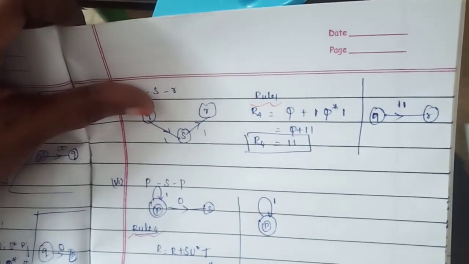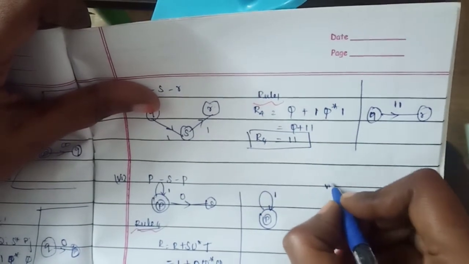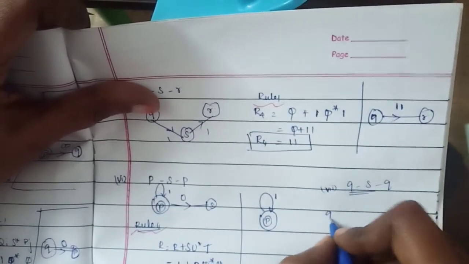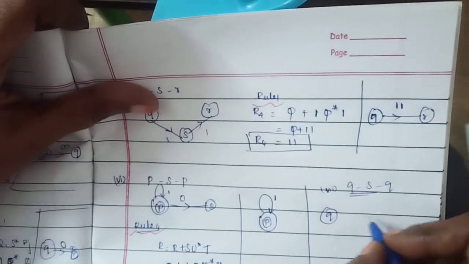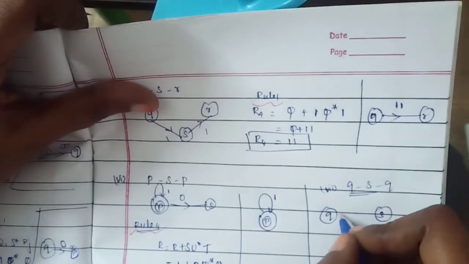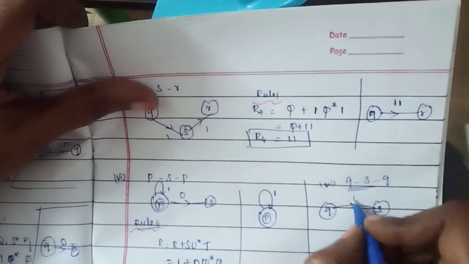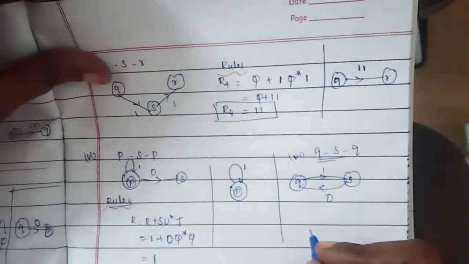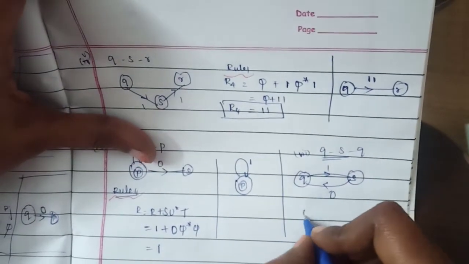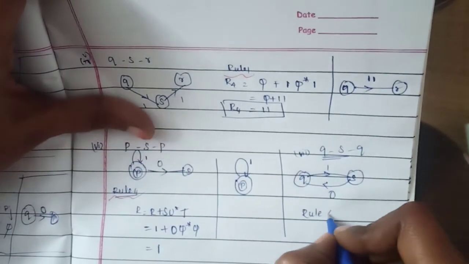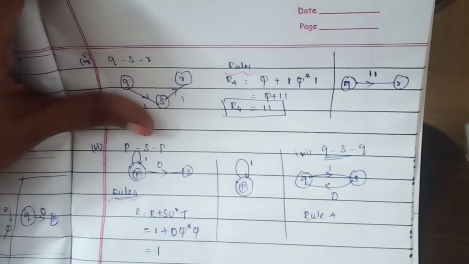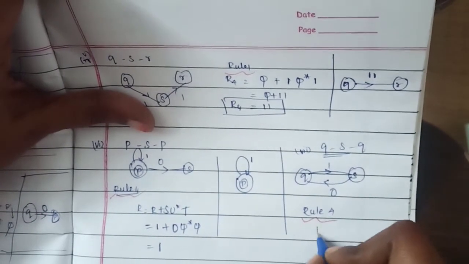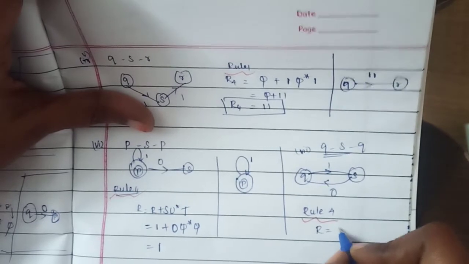PSP, and we'll have this QSQ. So when you see this Q, S. So this is 1 and this also 0. Sorry, this is 0. So when you look at this, the same rule 4 will be applied since it is 2 states, and we'll have this 1, R equal to R plus.